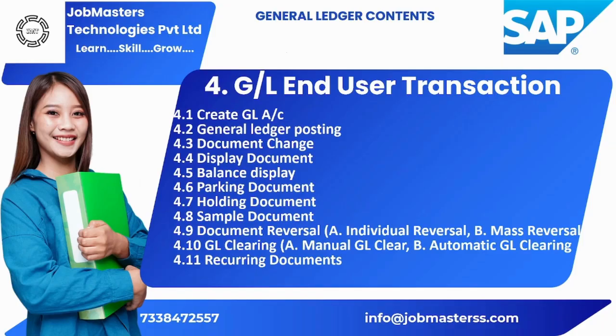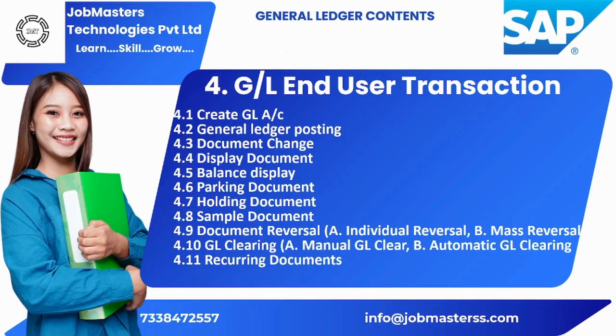This is one example: debit salary and credit salary payable. Salary payable is open item managed, so we need to knock off that particular balance. Later, once we clear the outstanding salaries, the entry will be created against that respective entry: debit salary payable and credit cash or bank account.